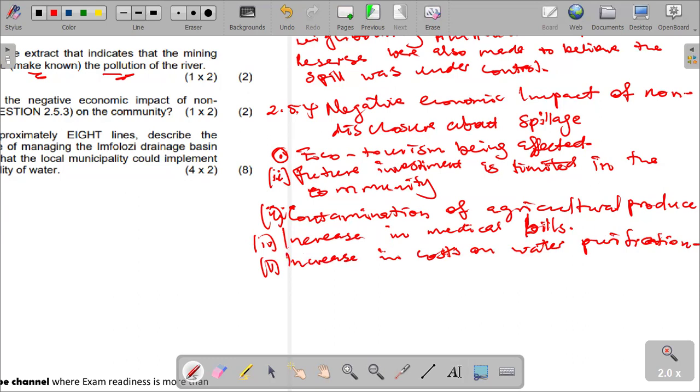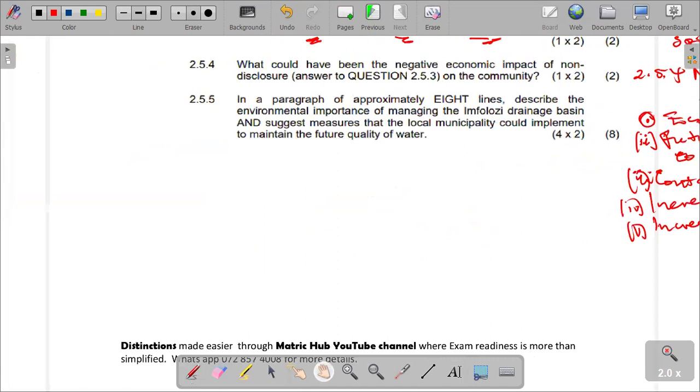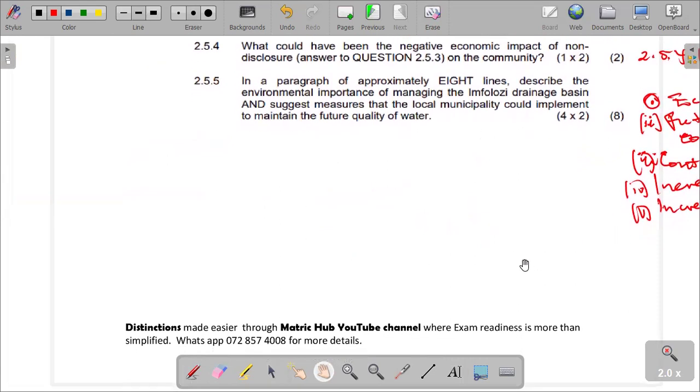Let's quickly answer the last question, 2.5. Question 2.5 wants us to write a paragraph of approximately 8 lines, describing the environmental importance of managing the Umfolozi drainage basin and suggesting measures that the local municipality could implement to maintain the future quality of water.